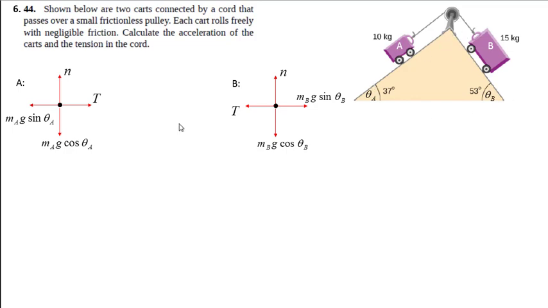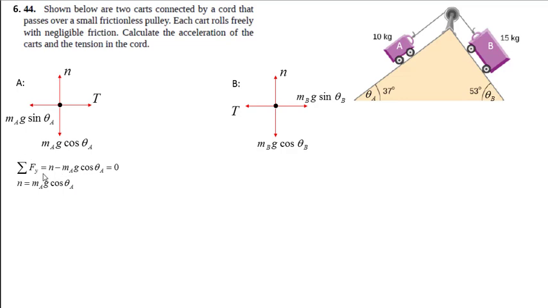So now that I have my free body diagram correct, I can write my net force equation. So let's first calculate the net force in the y direction for object A. In the positive y direction, I have my normal force. In the negative y direction, I have mg cosine theta, and there's the negative.